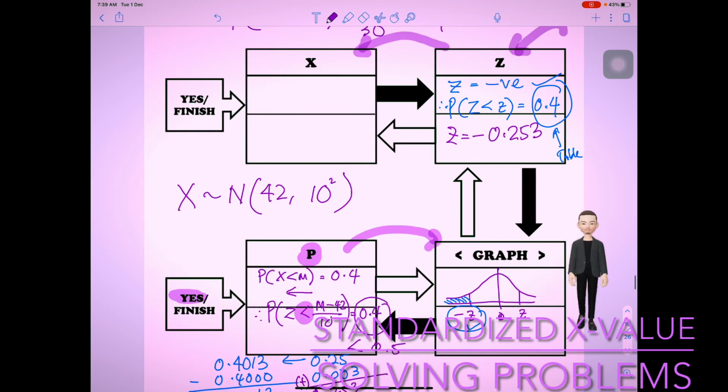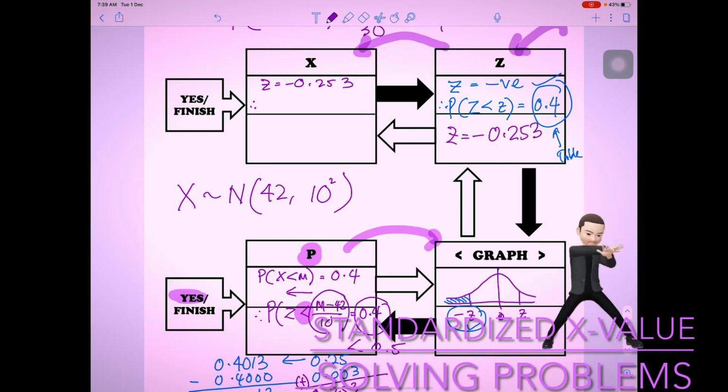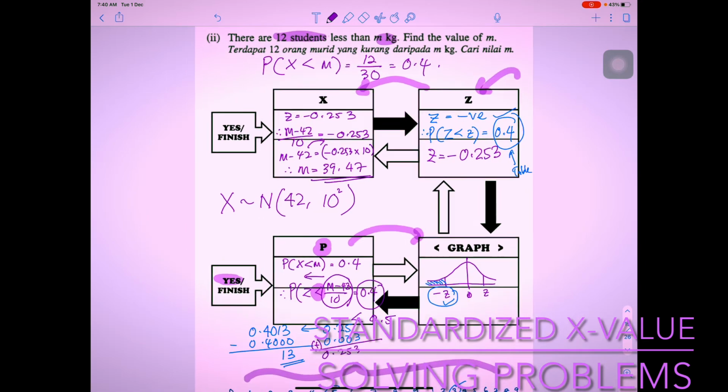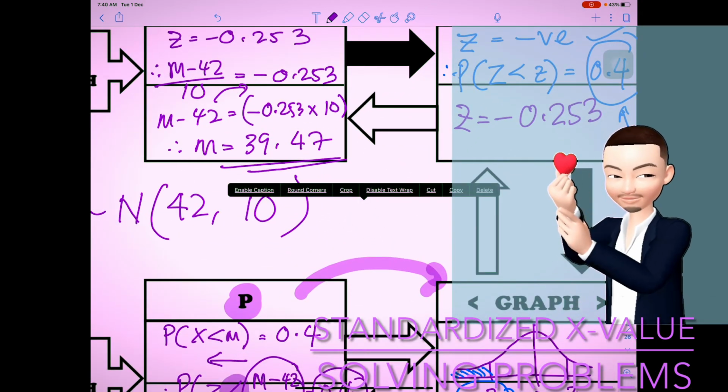Therefore use the formula (m minus 42) over 10 equals negative 0.253. Then m minus 42 equals negative 0.253 times 10, and bringing to the right-hand side, m equals 39.447. So this is the answer for m: 12 students are less than m kilograms, and m is 39.447.